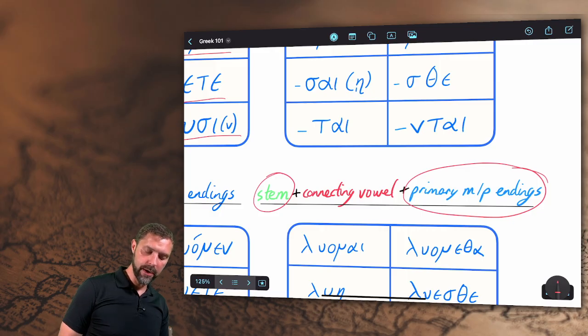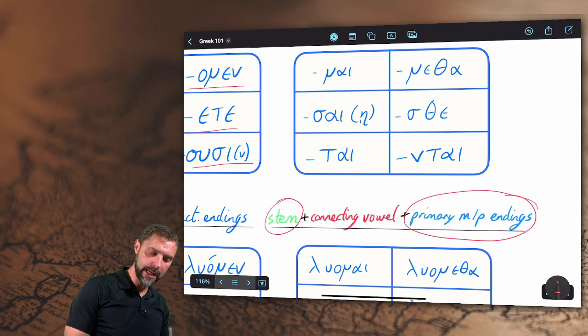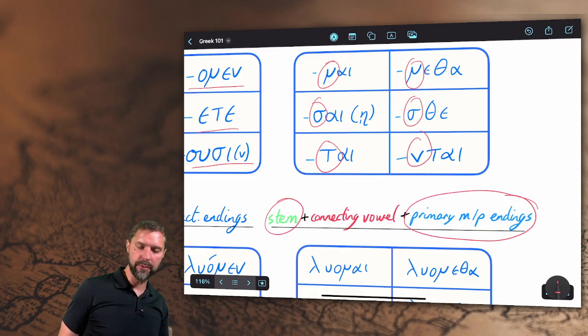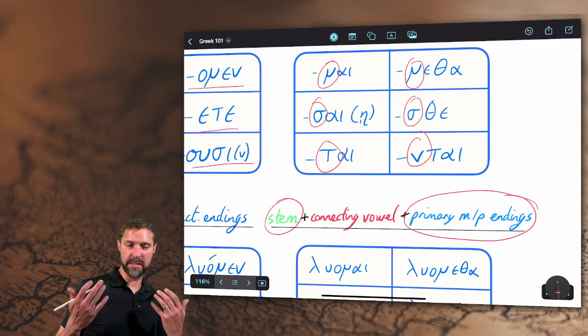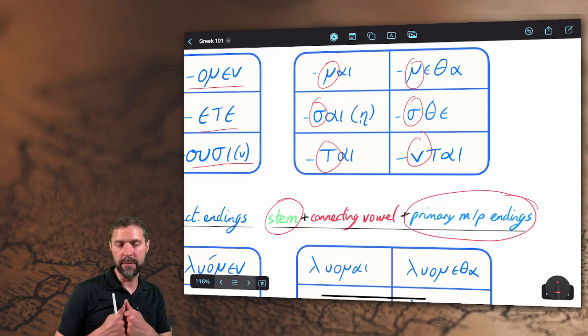But there is an issue here if you just process out that each one of these starts with a consonant. Now, luo works out all right because it ends with a vowel. But a lot of other words don't. A lot of other words end in consonants. And what I'll end up with is consonant on consonant. It's like steel on steel. It just doesn't work out.